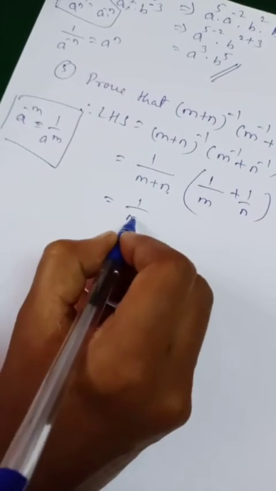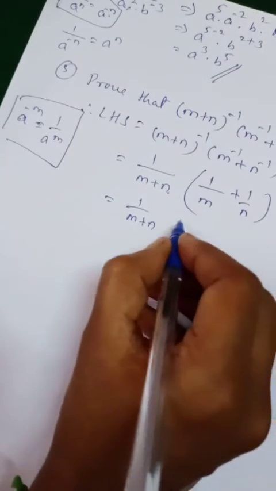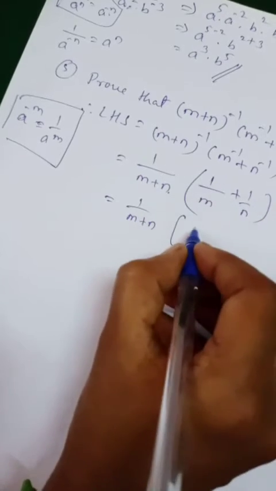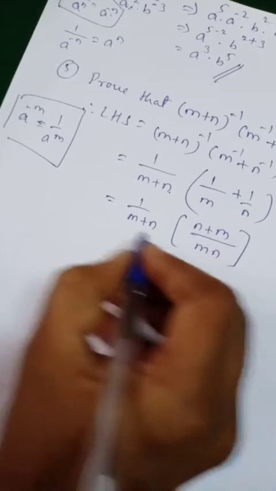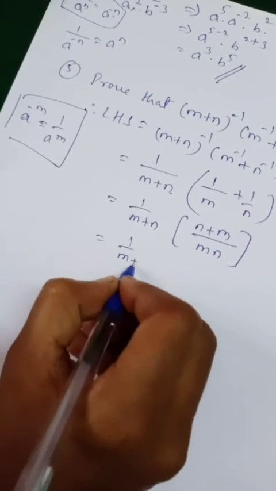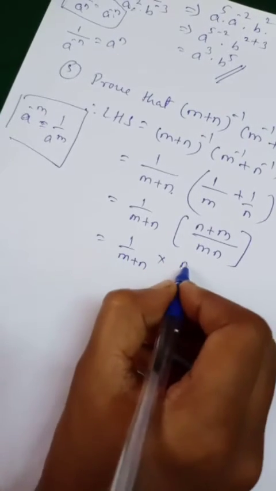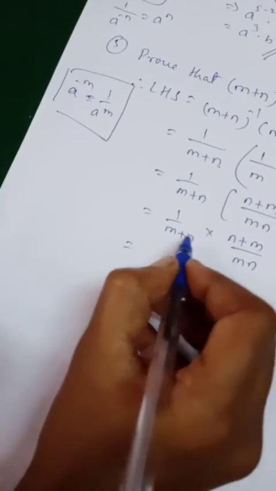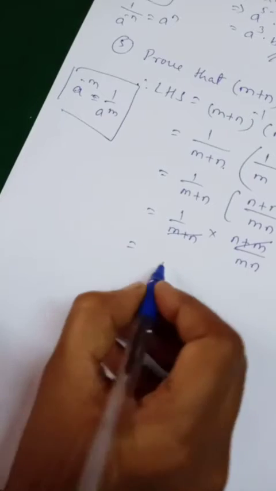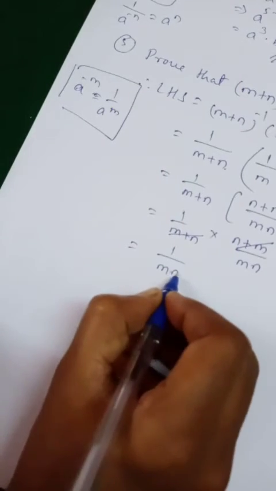So 1 upon m plus n. Here, cross multiplication: n plus m divided by m into n. So 1 upon m plus n into n plus m divided by m into n. This m plus n and this m plus n get cancelled. 1 upon m into n remains.